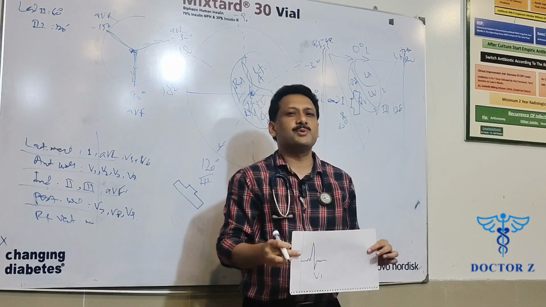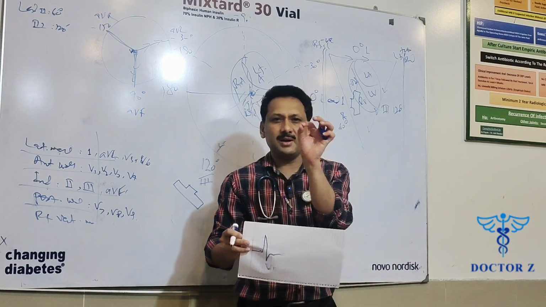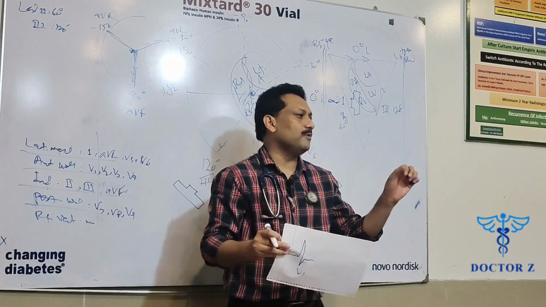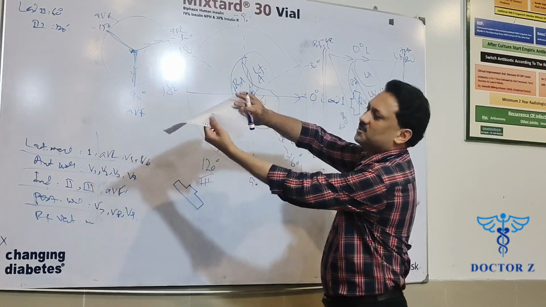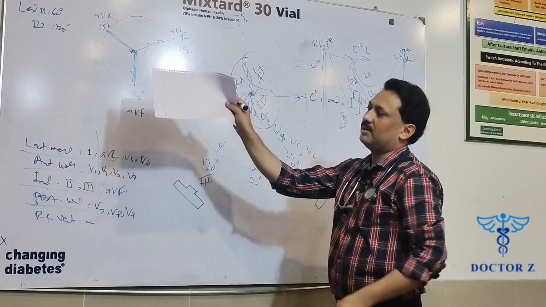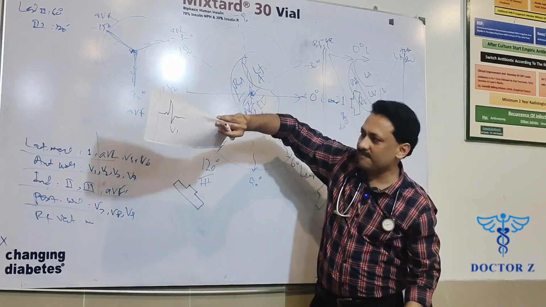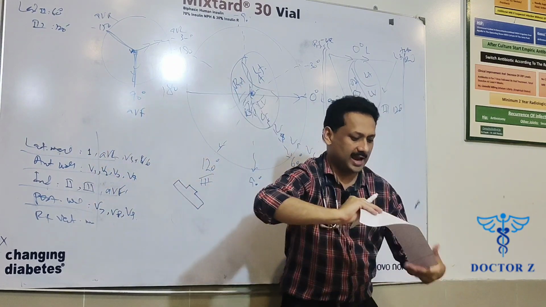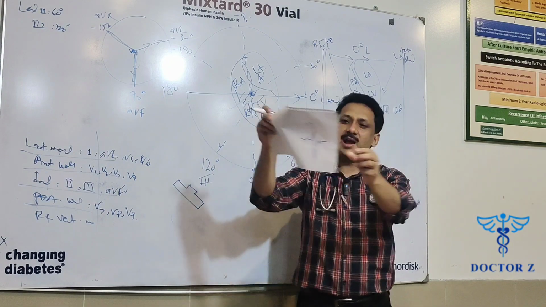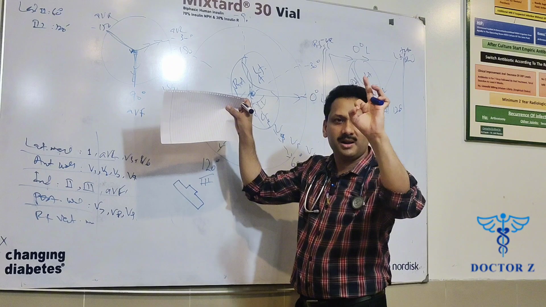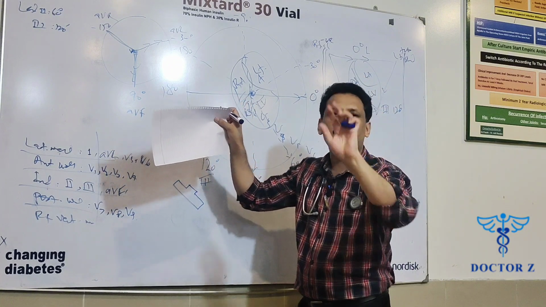I want to see the posterior wall. So either lead V1 or V2 will be chosen, and then what will I be doing? I'll just be flipping that paper. As I will be having the ECG in my hand, I'll be flipping that ECG. And as I flip it, this is the mirror image of lead V1 and V2.